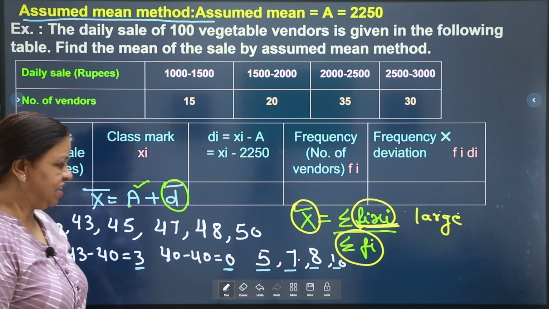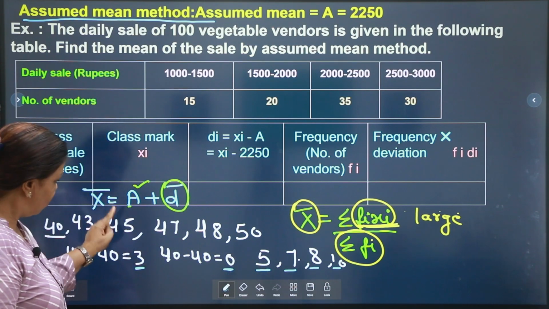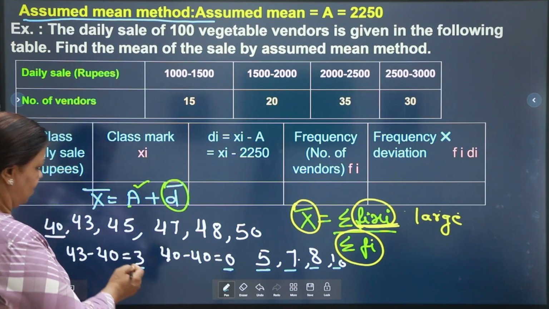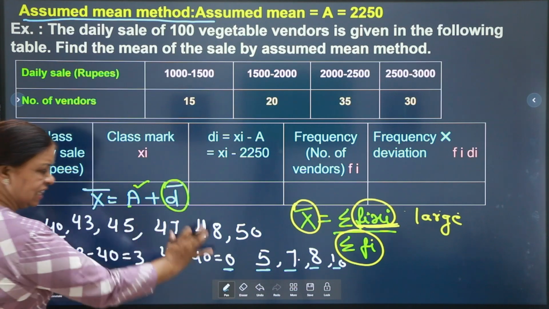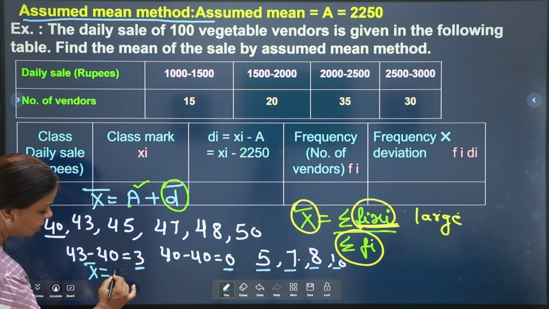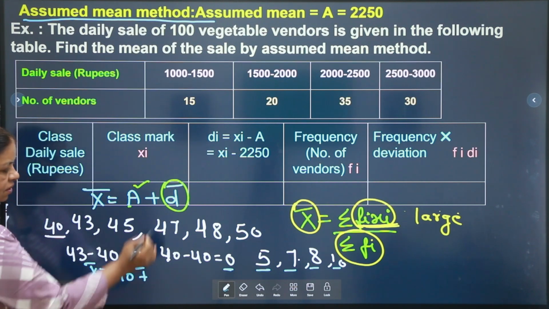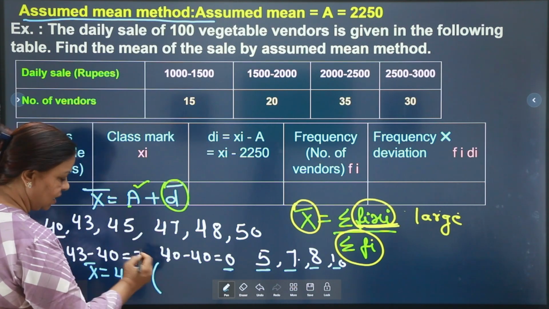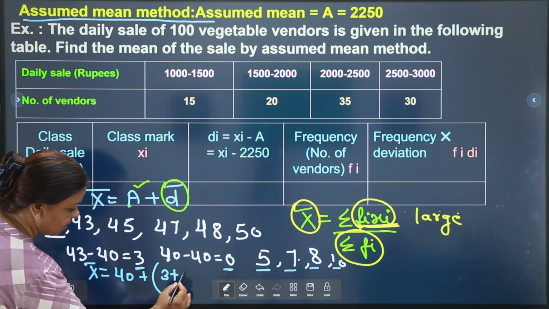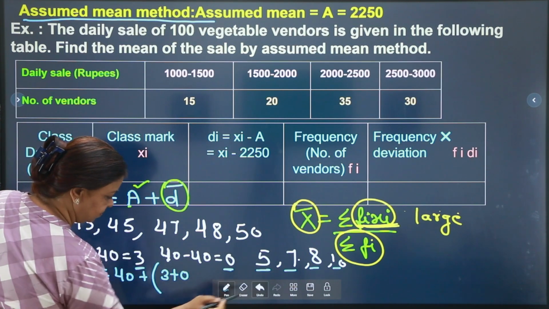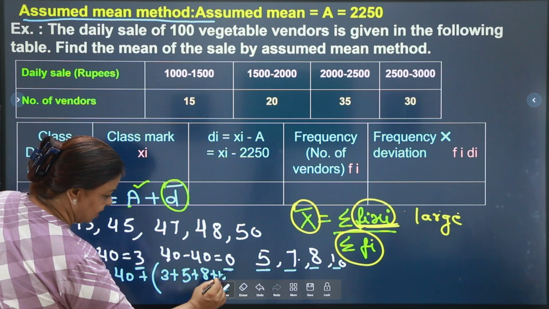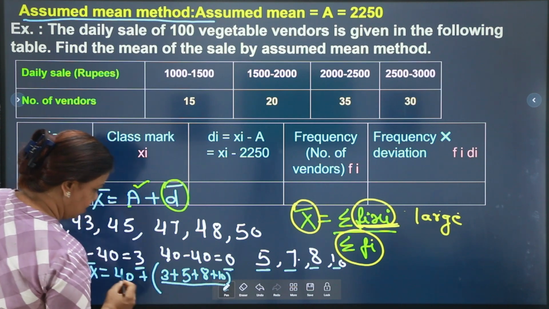So if I want to find the mean by the assumed mean method in this data, x bar will be equal to the assumed mean 40 plus d bar. What is d bar? Add all these deviations, 3 plus 0 plus 5 plus 7 plus 8 plus 10, and divide by the number of data.